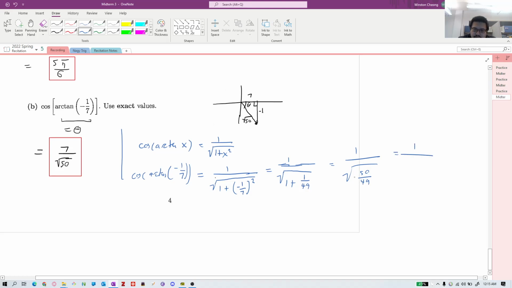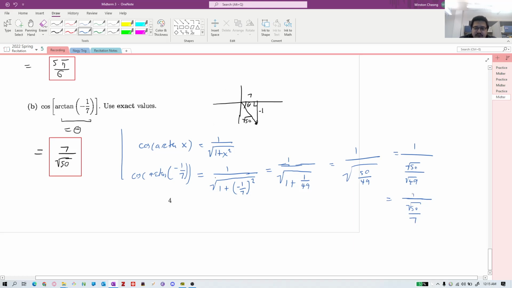The way I'll do this is I'm going to split the square root over numerator and denominator. The square root actually splits over multiplication and division. So we have this, and then the square root of 49, of course I know what that is. So this is root 50 over 7.